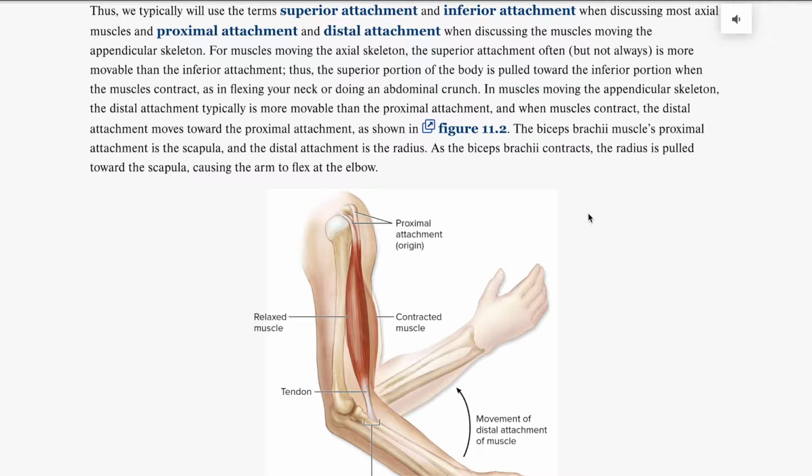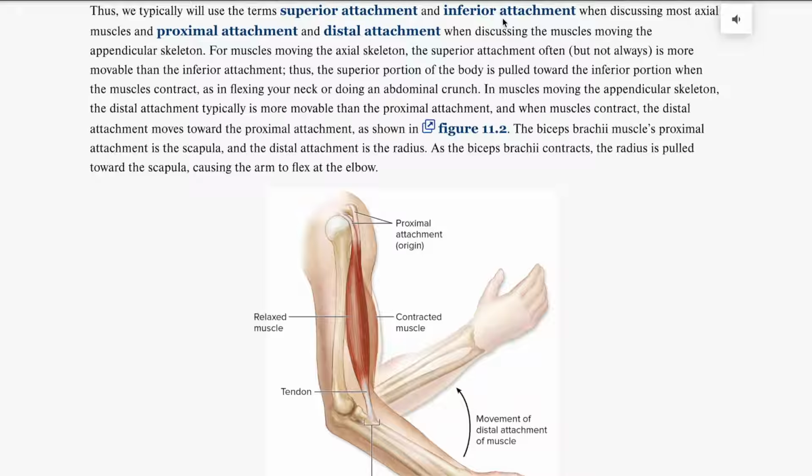So for your origin, what I'd like you to learn is that if we're talking about the axial skeleton, the origin is the inferior attachment. So this term inferior attachment right here is going to be the origin of a muscle that will be on the axial skeleton.